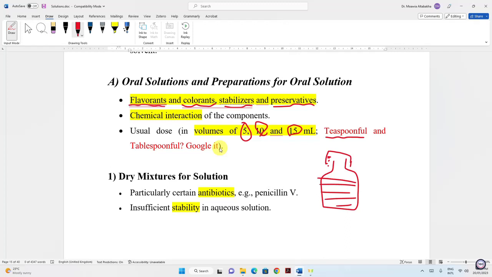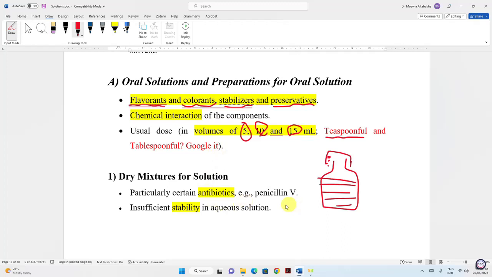A typical example is cephalosporins, like we have the penicillins and cephalosporins examples, and these are antibiotics. You go to the pharmacy, you buy a bottle containing dry powder, and then you add water to a certain mark on the bottle.